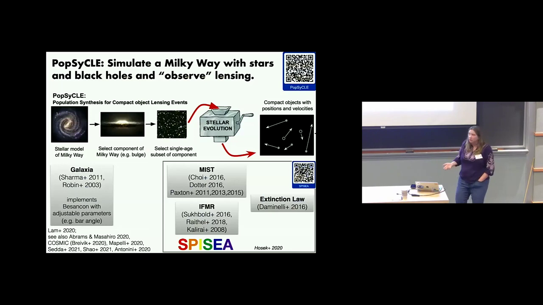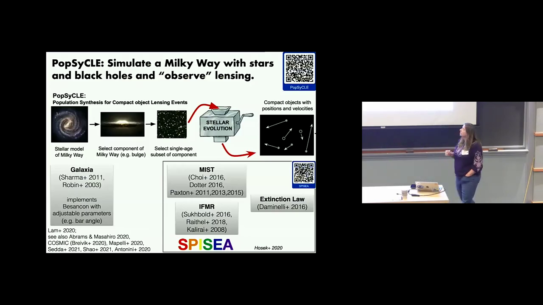So we're making a mock Milky Way in a computer. We start with a typical Besançon model, although these days we can get more complicated. We can drop in bars, change potentials, do whatever we'd like. Unfortunately, those simple codes that mostly exist don't put in the compact objects. They put in stars, but there are no compact objects. So we have to add back in the compact objects: black holes, neutron stars, white dwarfs.